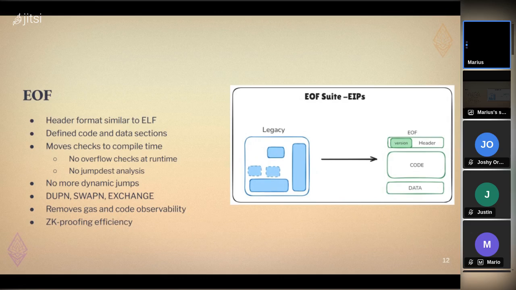But because these things are all checked during the deploy time, you don't need to check them during the execution, and that means that ZK proofs are much faster and need less time to prove and less space.